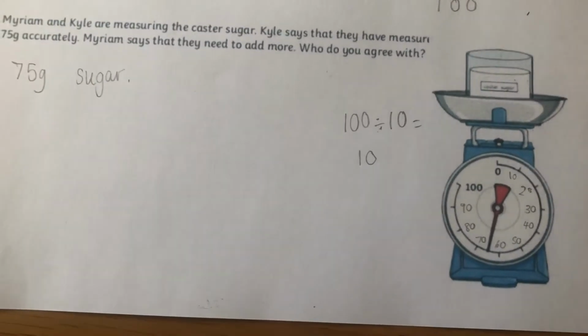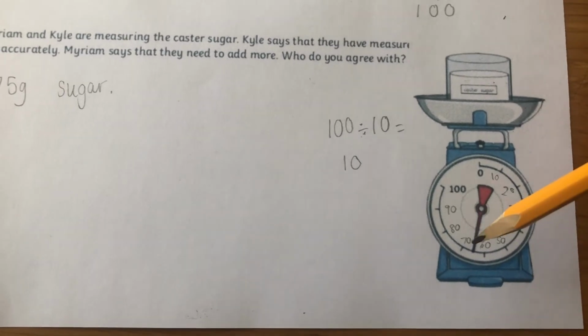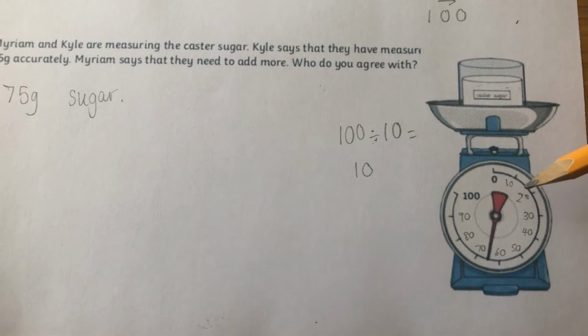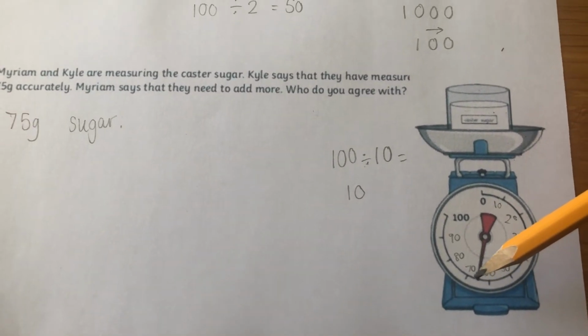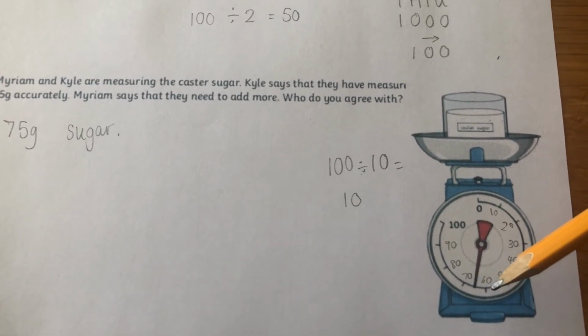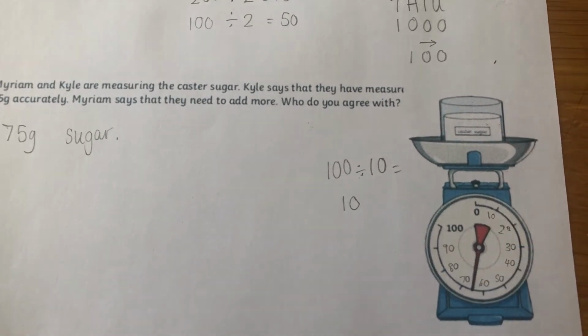Now, they wanted to measure 75 grams of castor sugar. So let's see how much they have weighed and see if it's right. So we're going this way around, remember. So 0 to 10, 20, 30, 40, 50, 60. Now they've gone halfway in between 60 and 70. So halfway between 60 and 70 is 65.